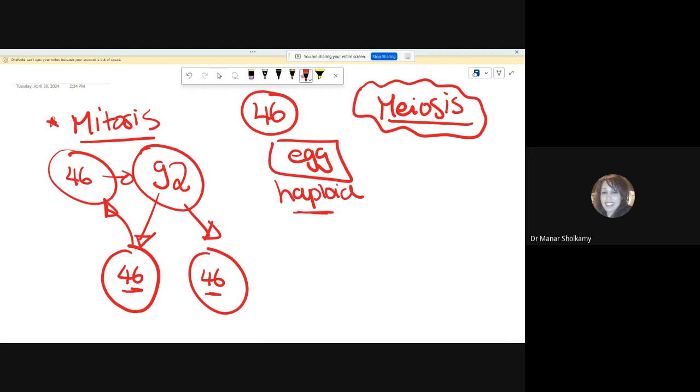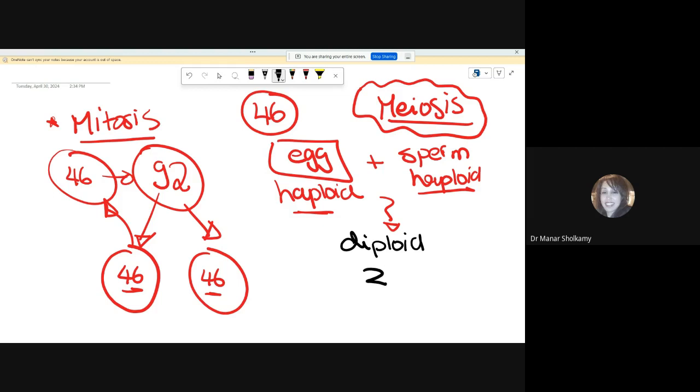Because a haploid egg will fuse with a haploid sperm. Haploid is a cell containing one set of unpaired chromosomes. Please use this definition. When they fuse in fertilization, they give a diploid zygote. That is why also in meiosis, the chromosome number is restored.